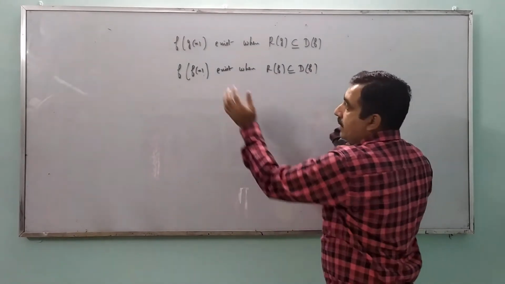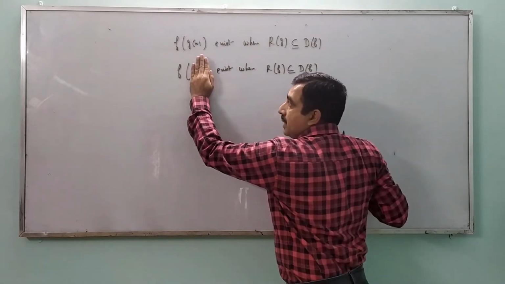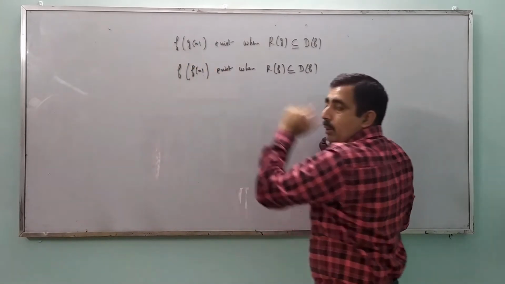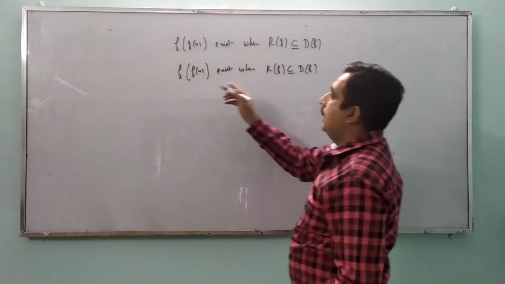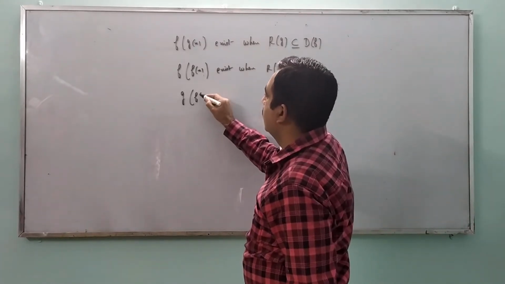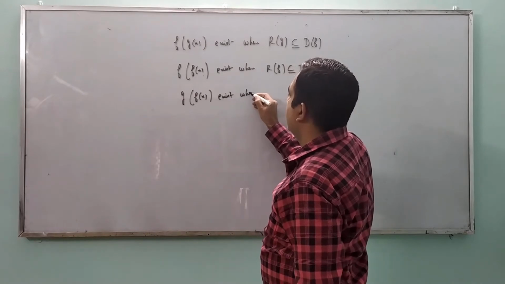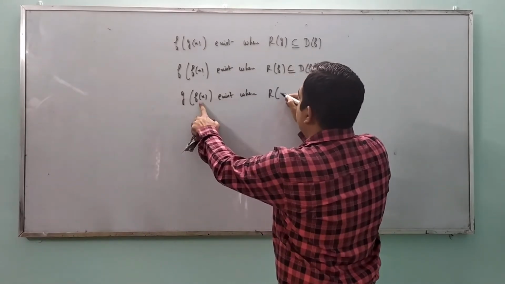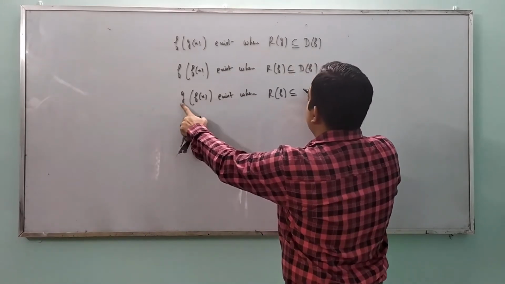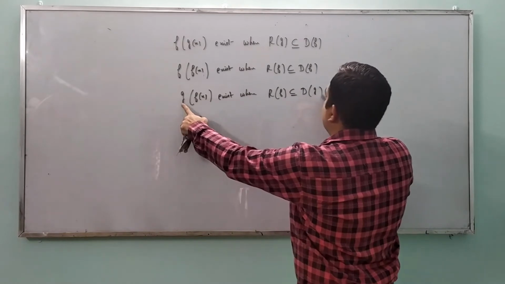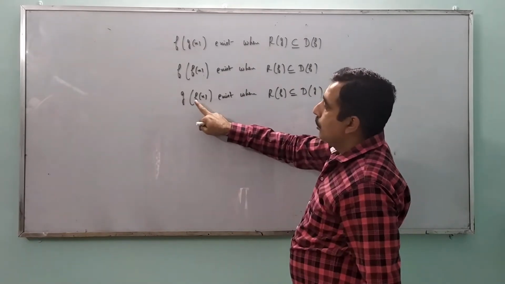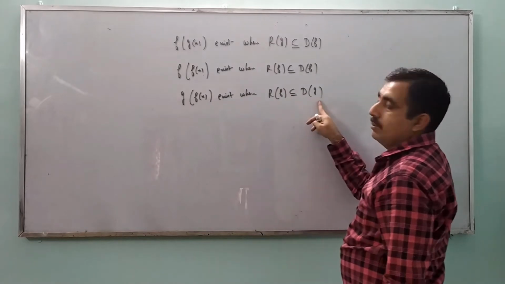Range of the inner function should be a subset of the domain of the outer function. Like we have g of f(x), it will exist when the range of f is a subset of the domain of g.